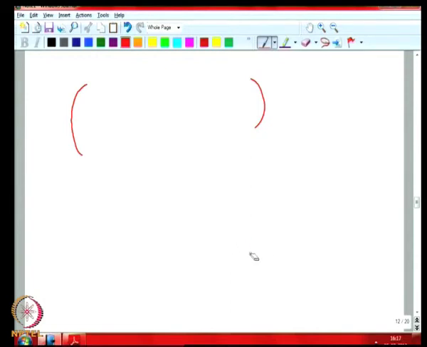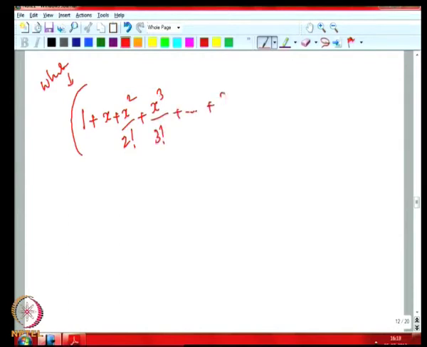This is our plan. So, what we do is we introduce one term for each color. First color, say white, will get this term. What is this term? This will be 1 plus x plus x square by 2 factorial, x cube by 3 factorial and so on till x raised to 12 by 12 factorial.